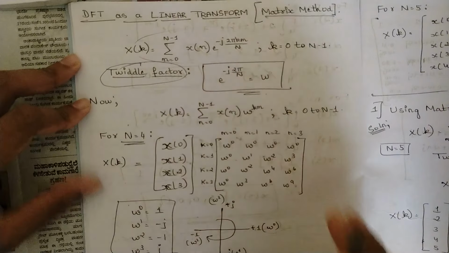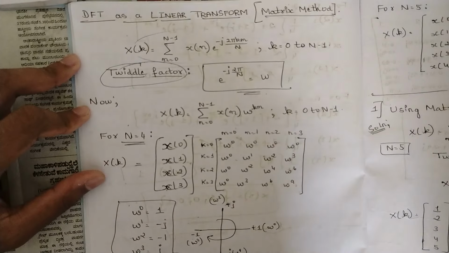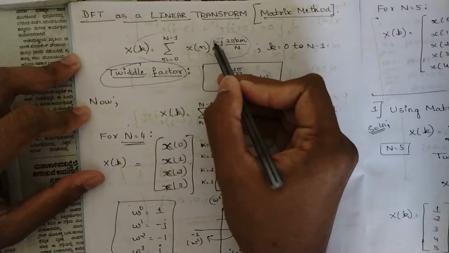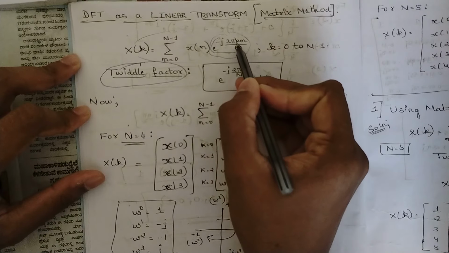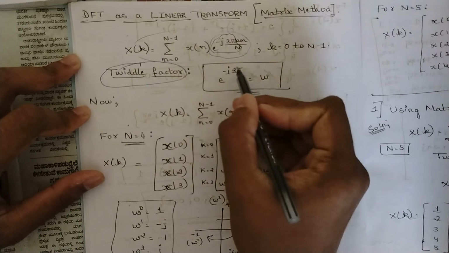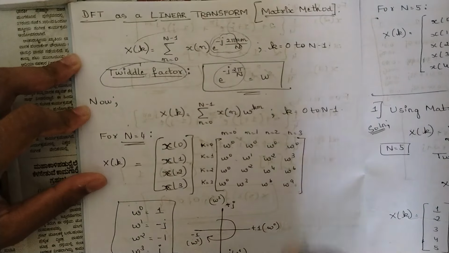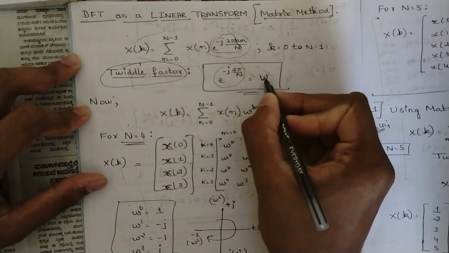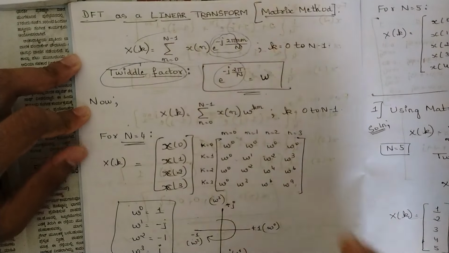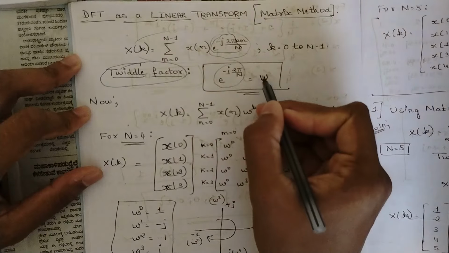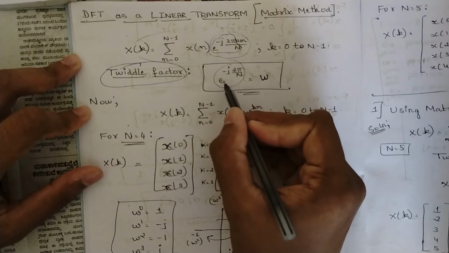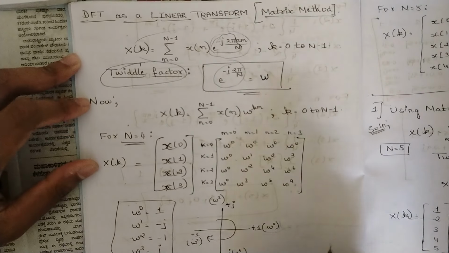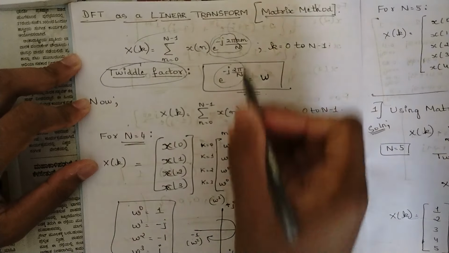In this e power minus j 2 pi by N is called the twiddle factor, and it is represented as W, not omega, a small letter w. So the twiddle factor W is equal to e power minus j 2 pi by capital N.